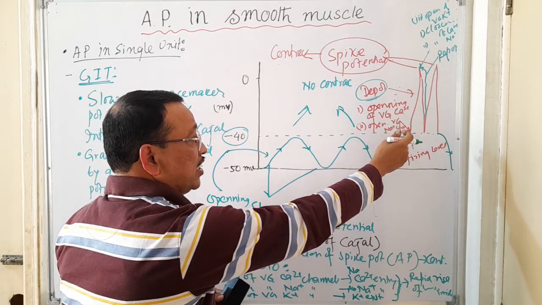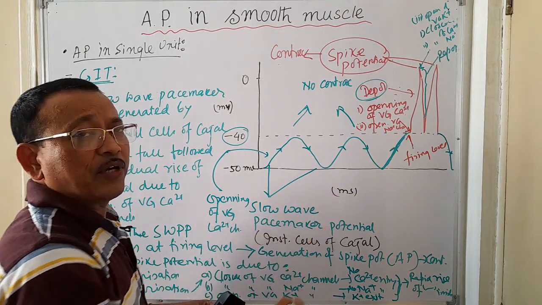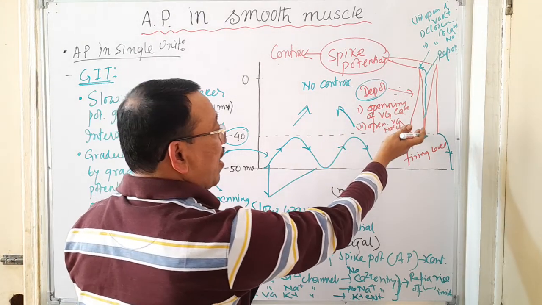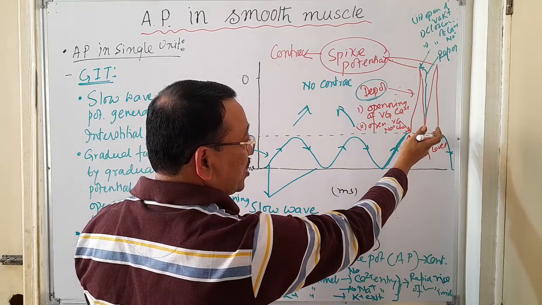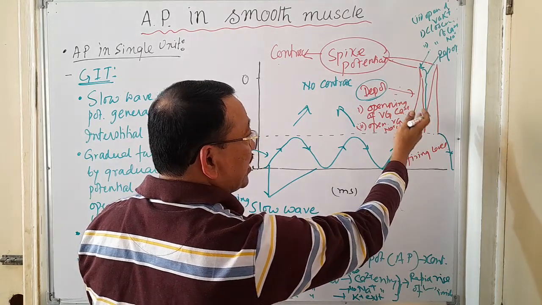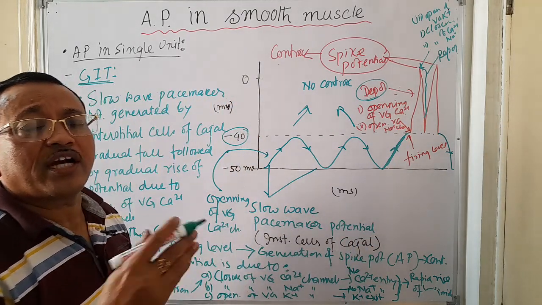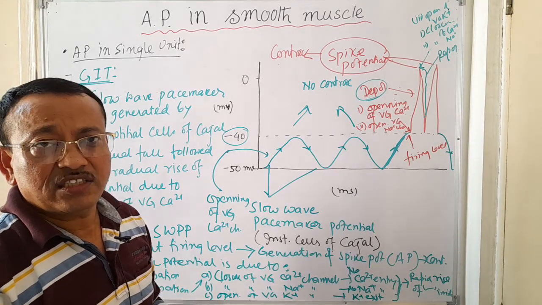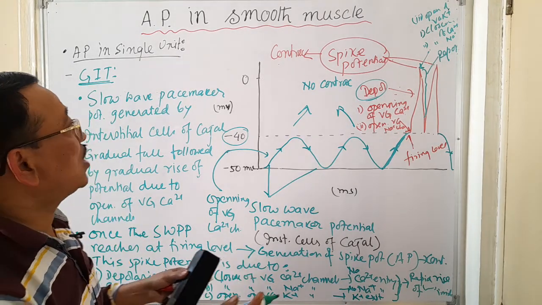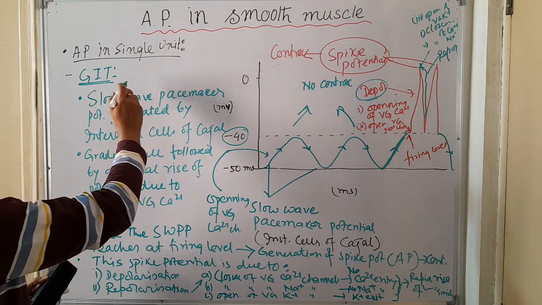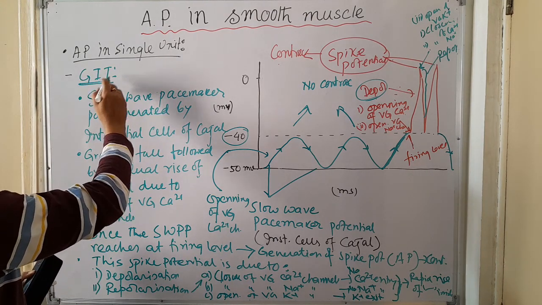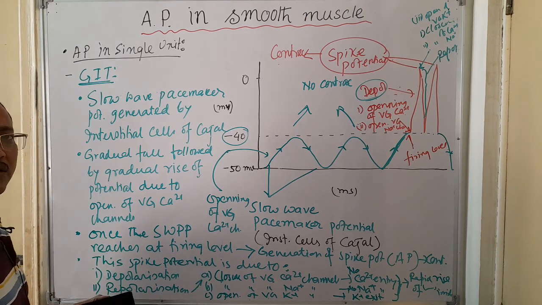Once this slow wave pacemaker potential reaches the firing level, only then the spike potential will generate, and that is responsible for contractions of the GIT. So this is the action potential in single unit smooth muscle. One of the examples is the gastrointestinal tract.